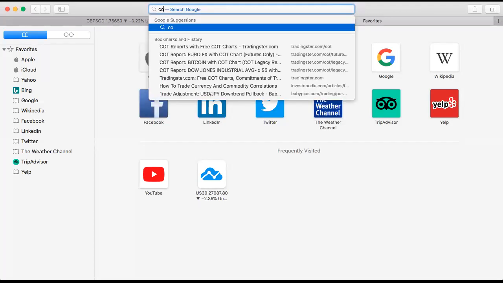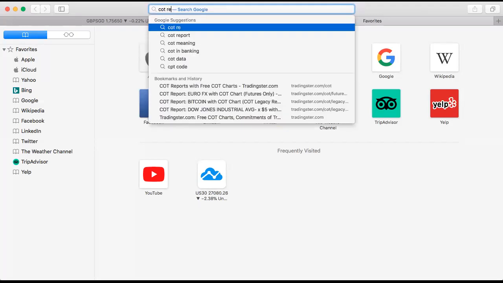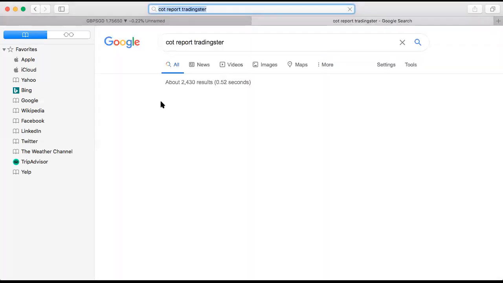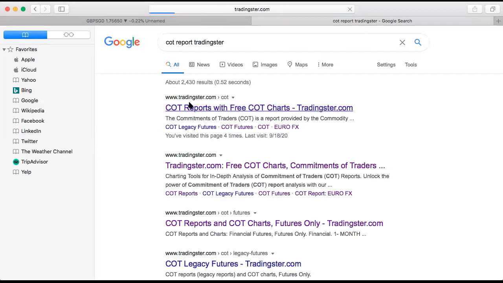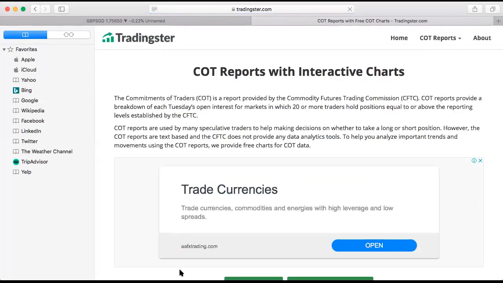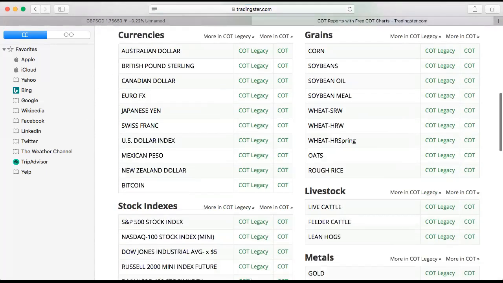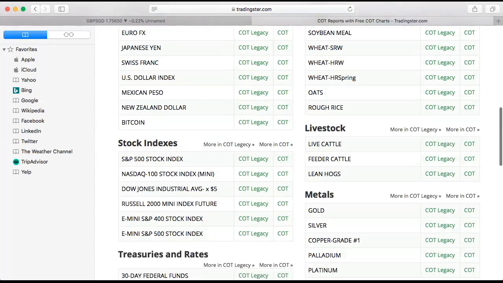Okay, so I could just type in COT report. Okay, and now all I have to do is check for US30, since I'm doing my analysis on US30. Now I do this every weekend. Now I go and I check for the stock indices and all.